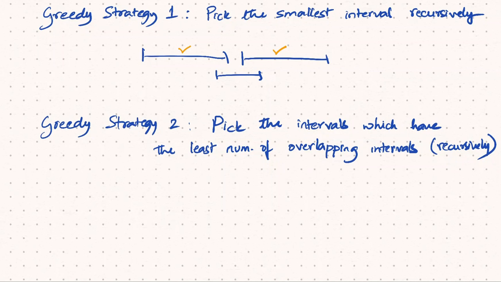But well, unfortunately, it turns out that this strategy, this greedy strategy, also is incorrect. Okay, so that is to say that there are counterexamples, there are input instances, so there are sets of intervals for which this strategy would not give the most optimal solution.